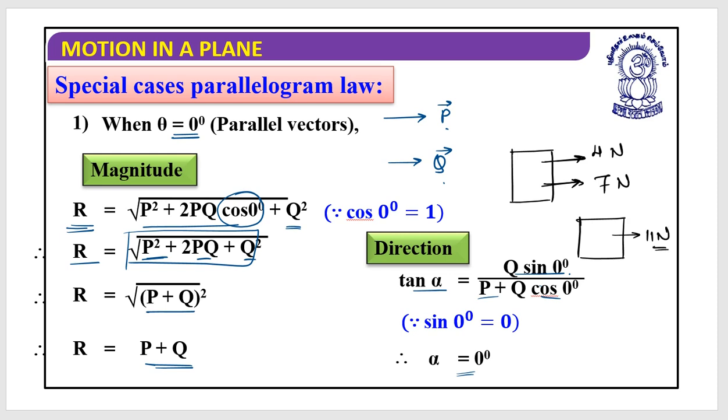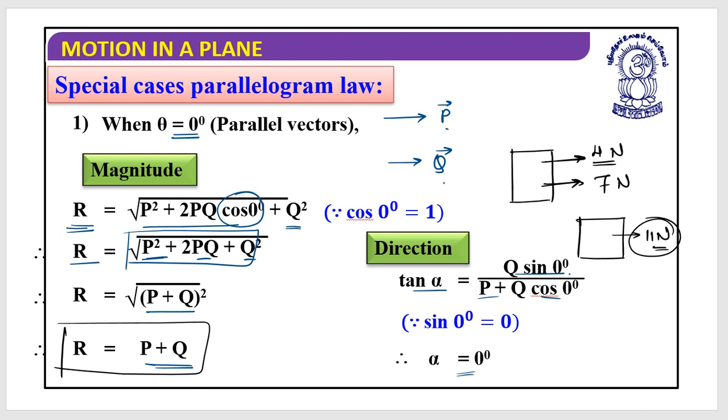That is what we know: if we pull this block with two forces in the same direction, 4 Newton and 7 Newton, the total force acting on it is 11. How does this 11 come? With the help of r is equal to p plus q. I hope this is clear to you.